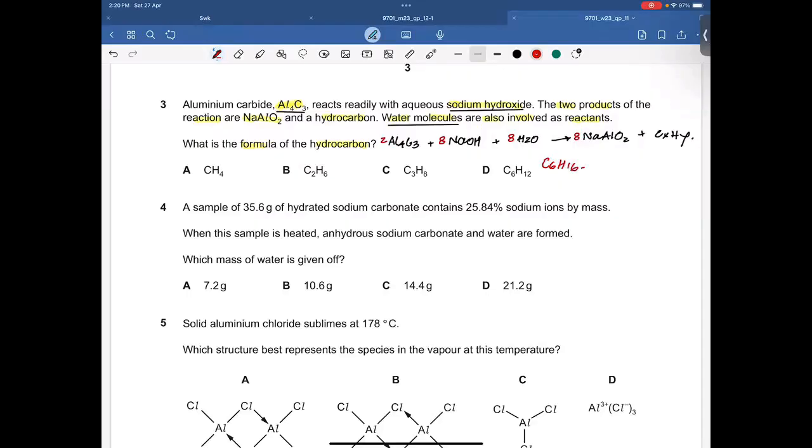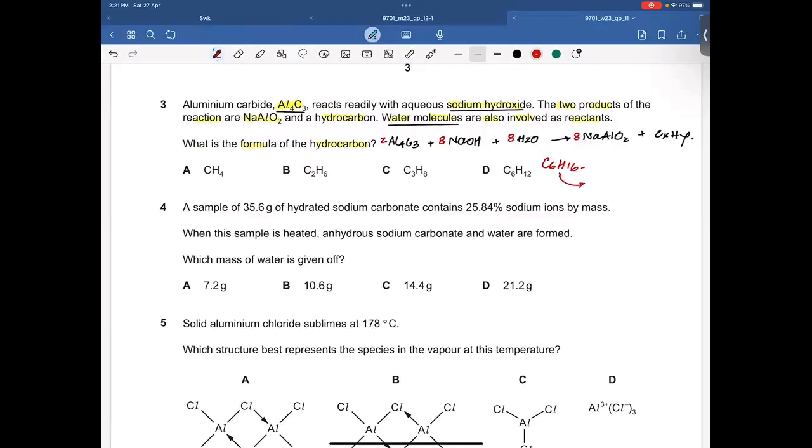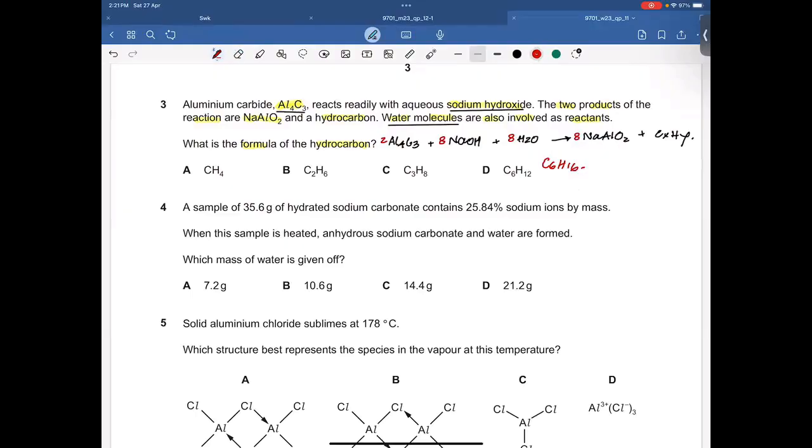All right. So in order to get the simplest ratio, wait, wait. Am I doing right or wrong? Let me think again.